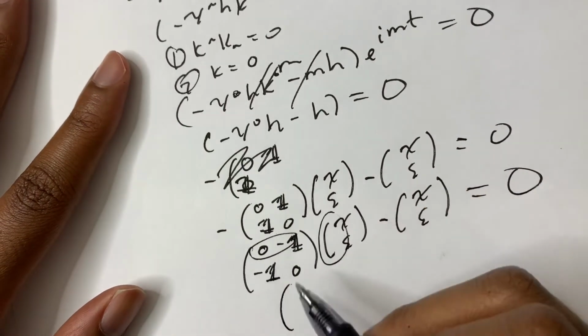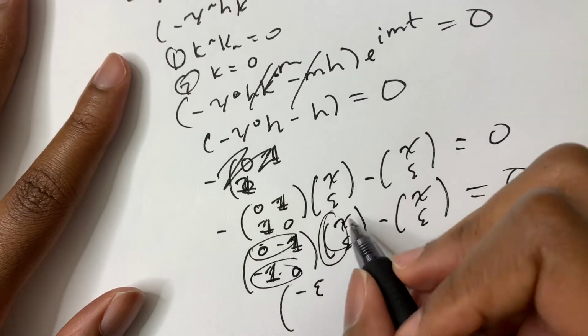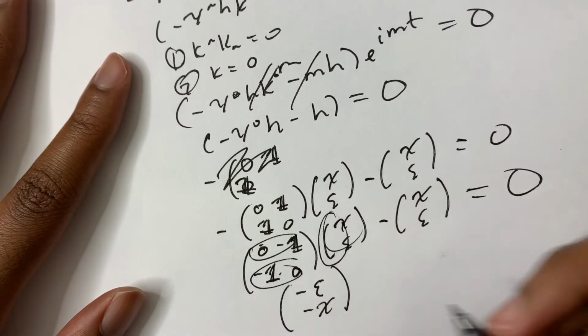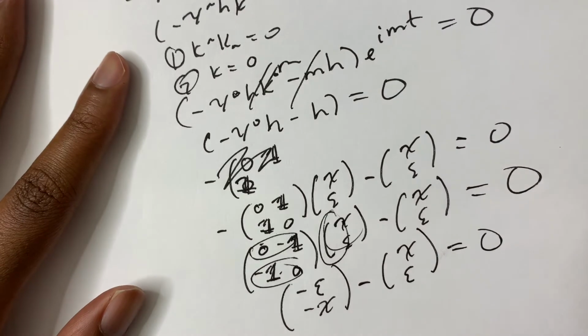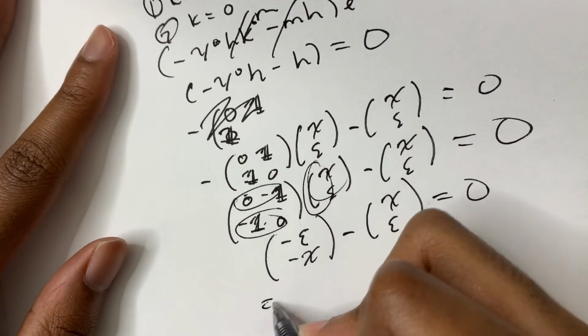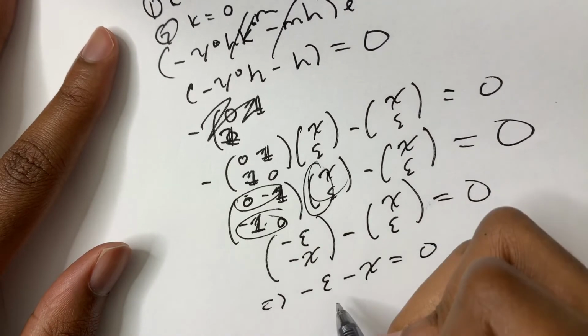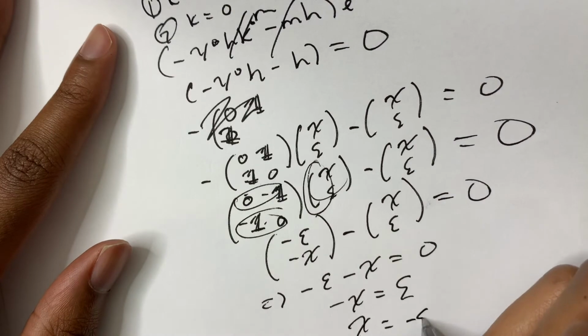This gives us 0, you have minus epsilon minus chi. Let's get minus chi here, right? Minus chi epsilon equals 0. This implies that minus epsilon minus chi equals 0, where minus epsilon equals chi, where chi equals minus epsilon.